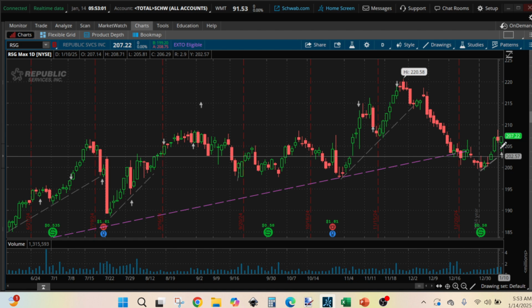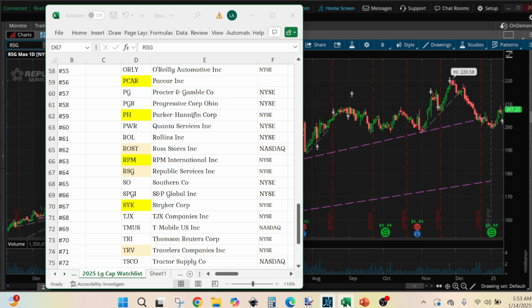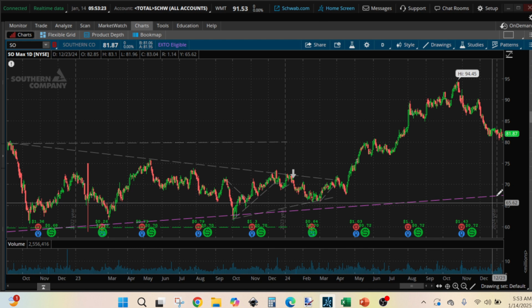The next one is SO. So SO, we like to buy at this trend line, and it's far from it at the moment. So the next one is SPGI. This trend line ended, it seems to be going down, but we like to buy it at this trend line.